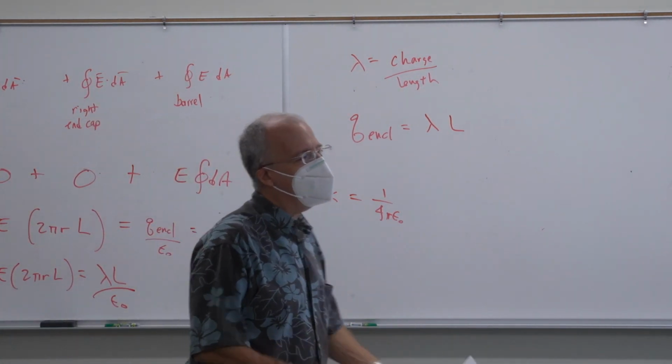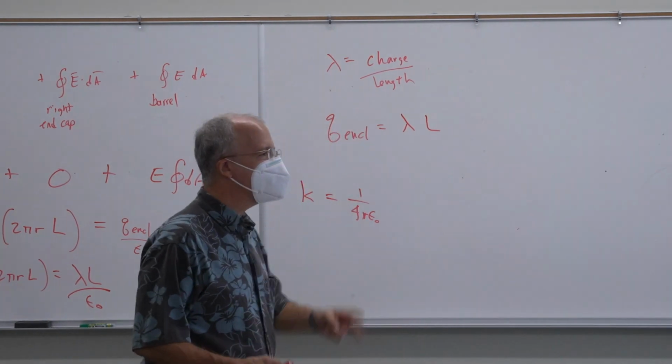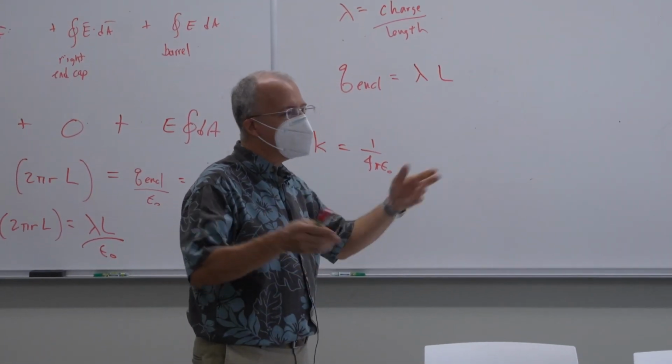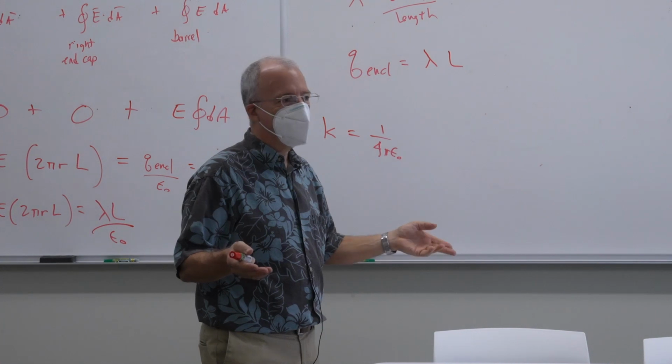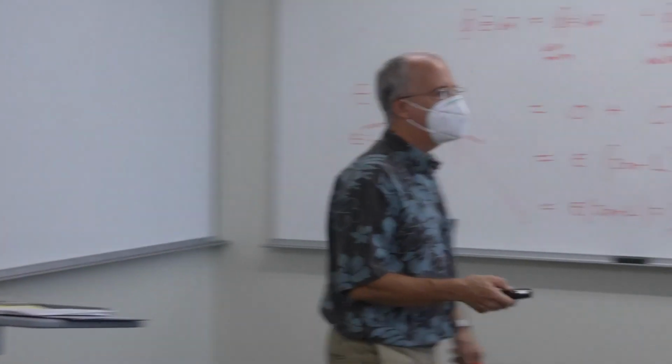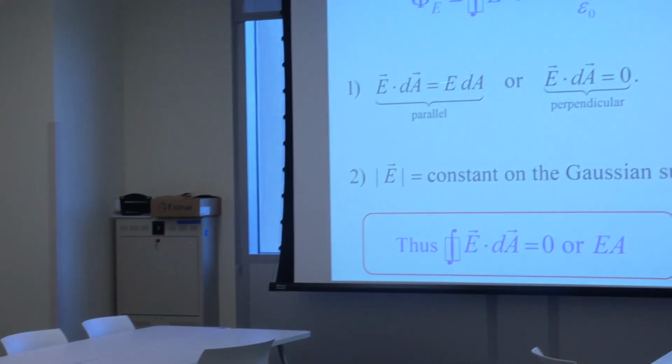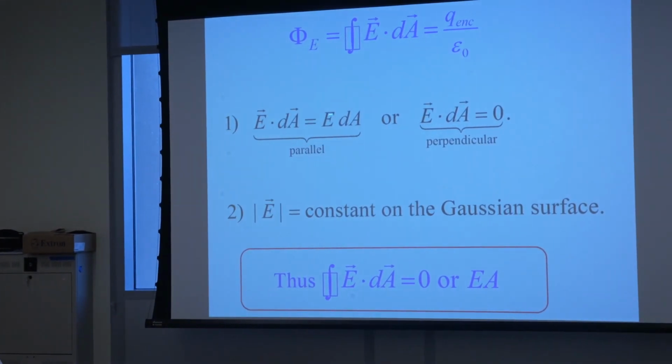Let me tell you the key. Well, there are 2 keys. Number 1 is choosing the right surface. What we always want is for the dot product to be either parallel or perpendicular, and we want the E to be constant.